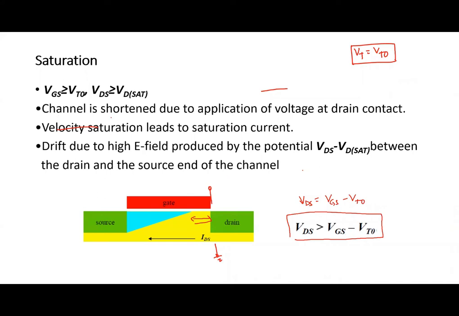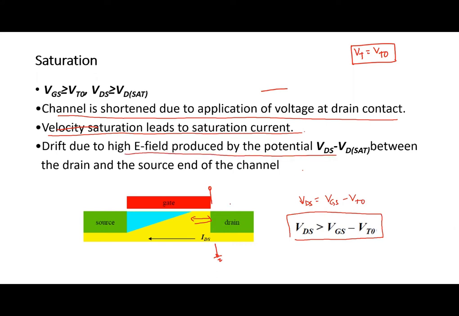The channel is shortened due to application of voltage at the drain contact. Velocity saturation leads to saturation current. We discussed in the previous class that velocity saturation occurs due to the high electric field produced by the potential, because whenever you increase this, a high electric field is there.